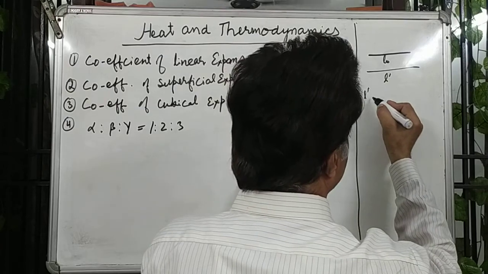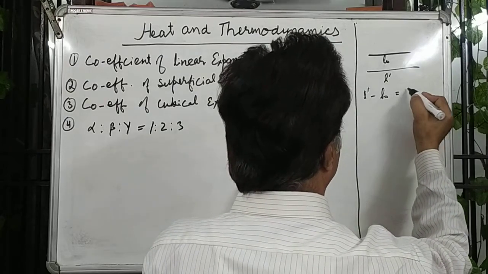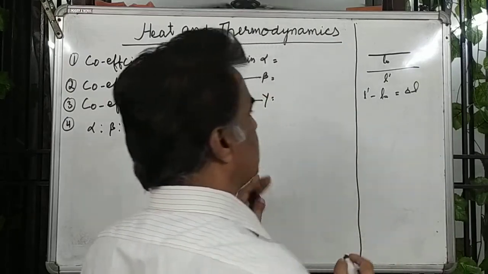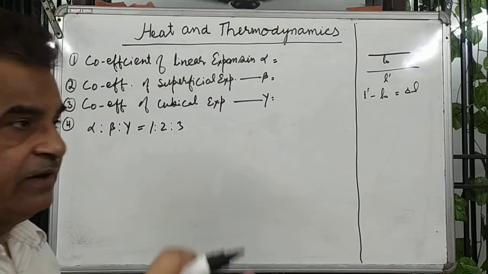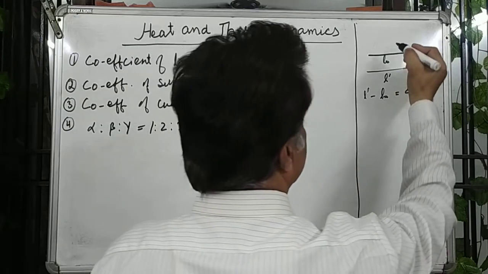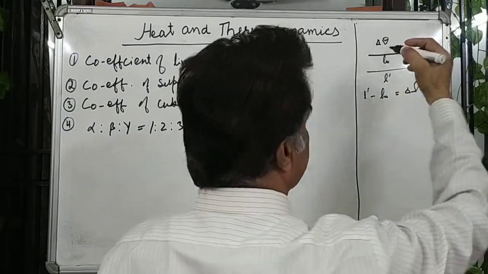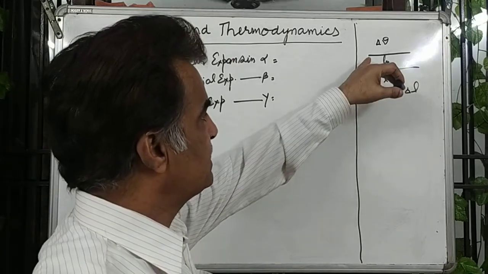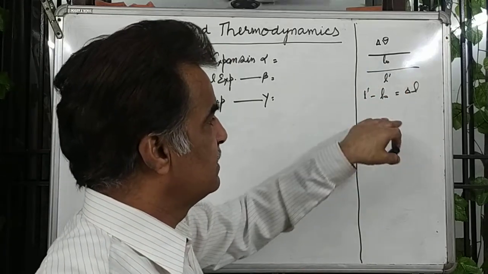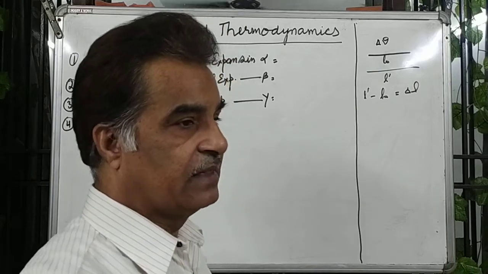So L dash minus L naught is delta L. This is the increase in the length. The increase in temperature is delta theta. Length becomes L naught to L dash.